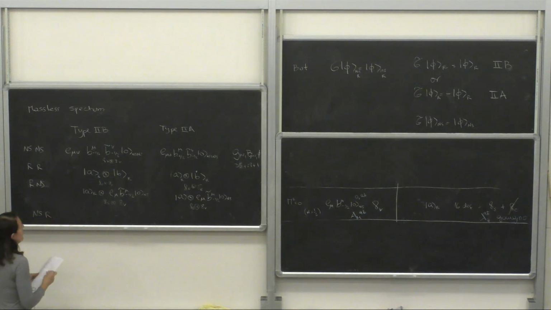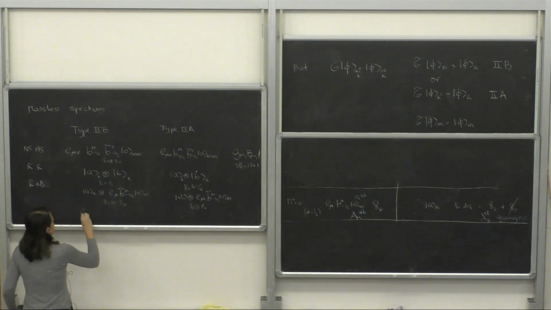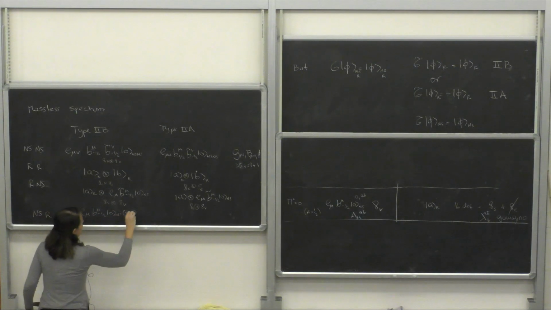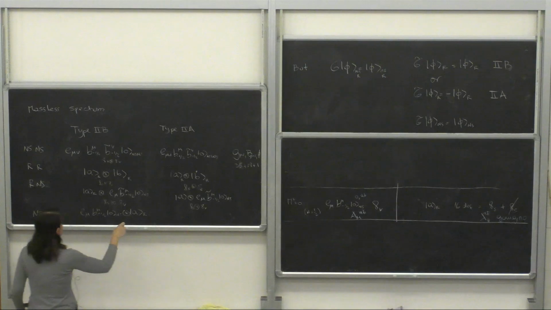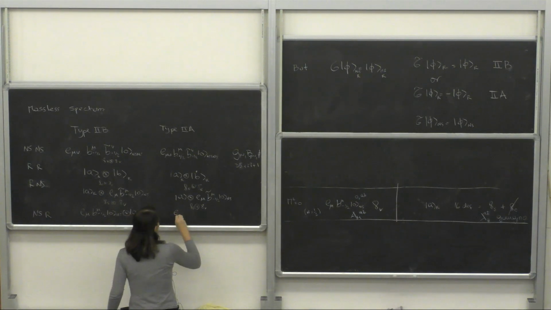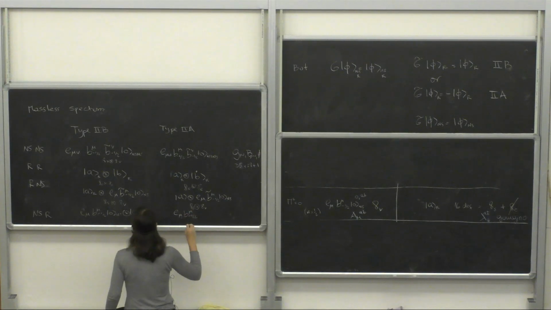And in the NSR, so this is E mu, B mu, minus 1/2, 0, NS, tensor A, R, while the other has, in type 2A, an 8 dot.